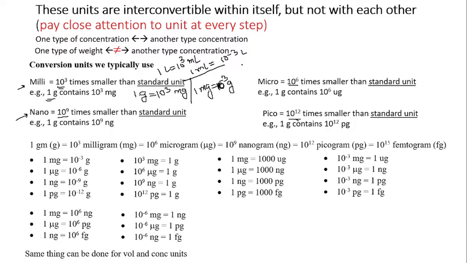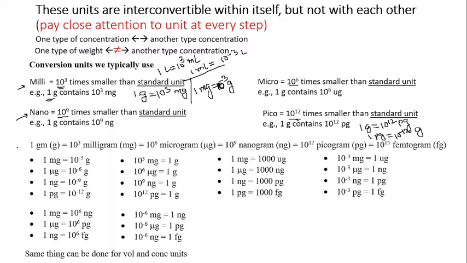The factor would be the same. For example, 1 gram is 10 to the power 12 picogram, or 1 picogram can be written as 10 to the power minus 12 gram. You can do the same for the other parameters. Here is a chart of how to do this, but you should be practicing this more commonly just to get the hang of it.